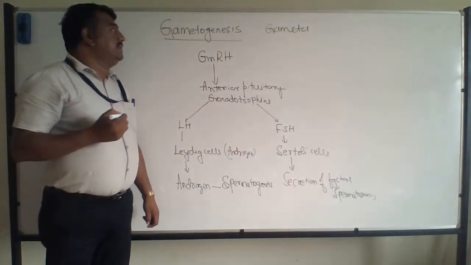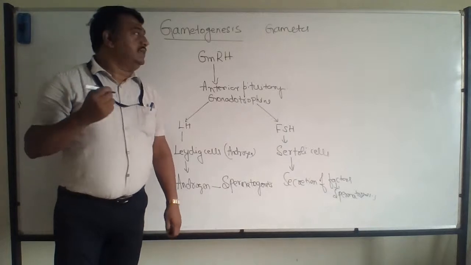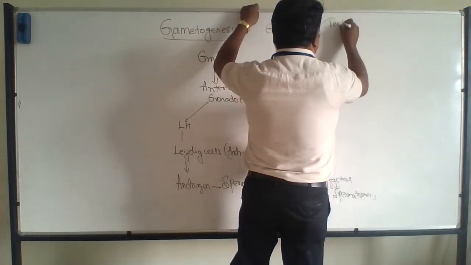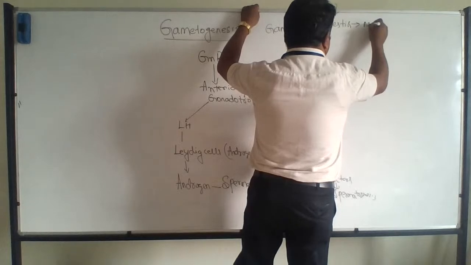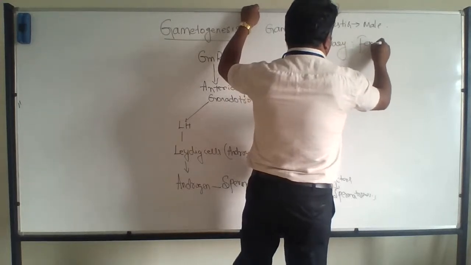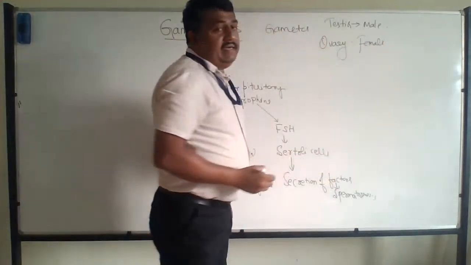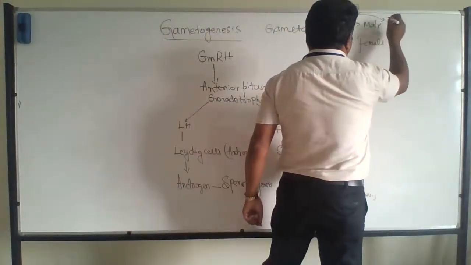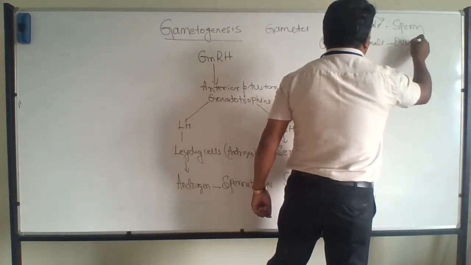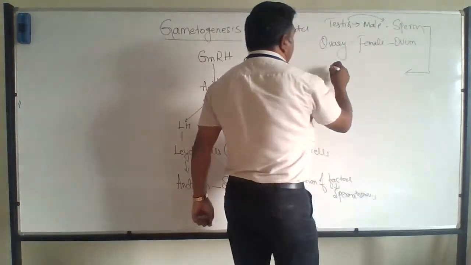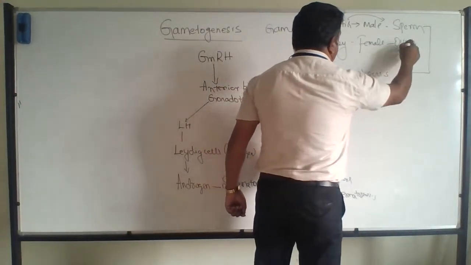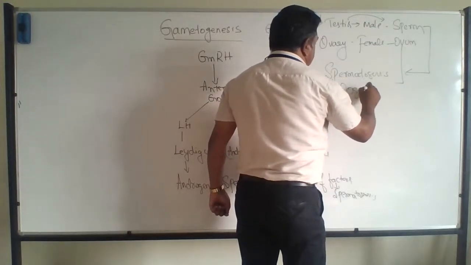The primary sex organ involved is the testis in male and ovary in case of female. The testis is responsible for the production of the male gamete, called sperm, and here the ovum. The process involved is called spermatogenesis here, and oogenesis here.